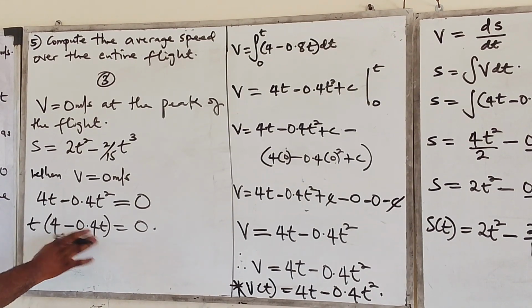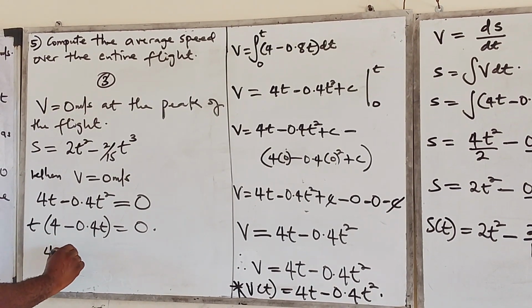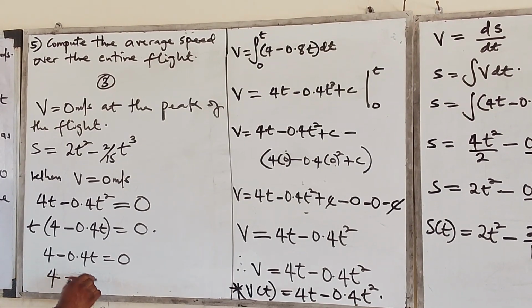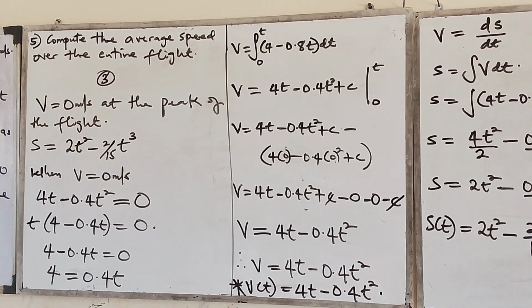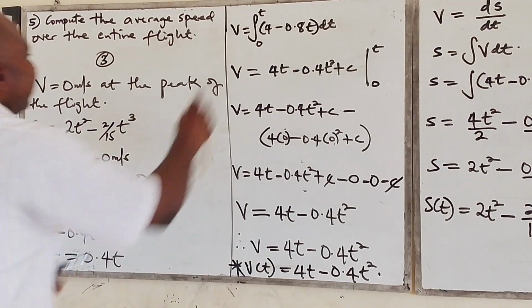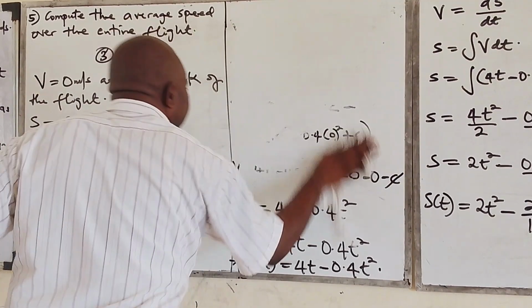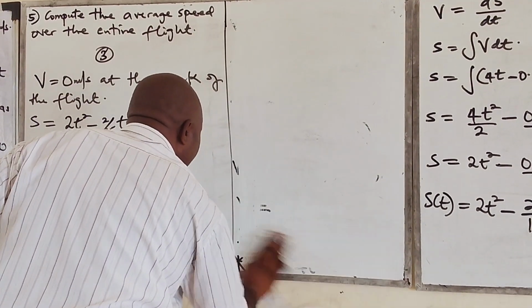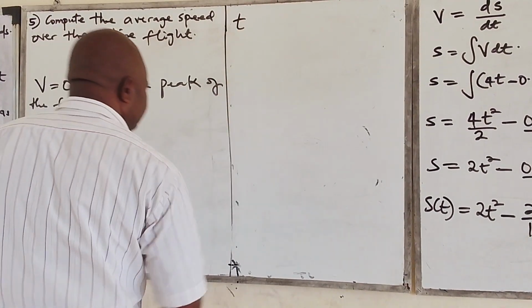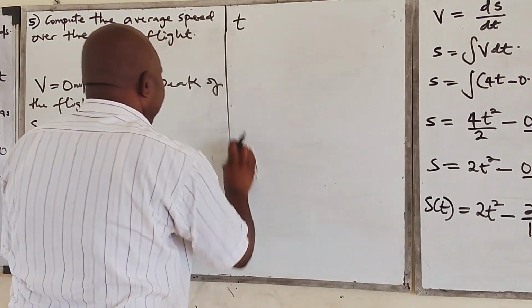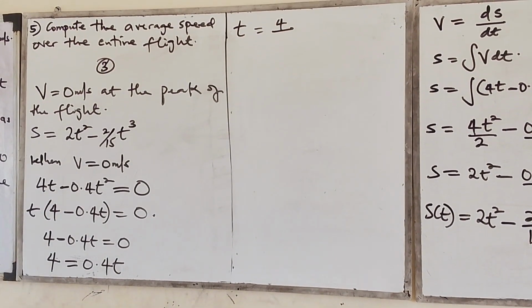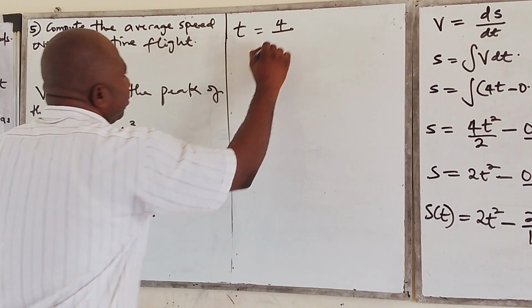So here we're taking this: 4 minus 0.4t is equal to 0. So 4 will be equal to 0.4t. To get the value of t, the value of t will be equal to 4 all over 0.4.